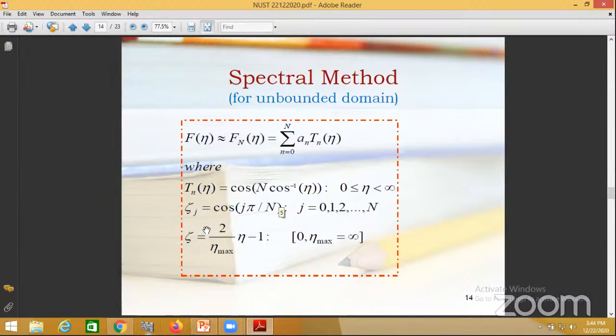For this purpose, one can use the transformation xi is equal to 2 over eta maximum into eta minus 1, where eta maximum is infinity. By using this transformation, we bring our problem to the confined domain between -1 and 1, and the rest of the method will be the same. In this way, one can achieve the solution of boundary layer flow problems which have an infinite domain.